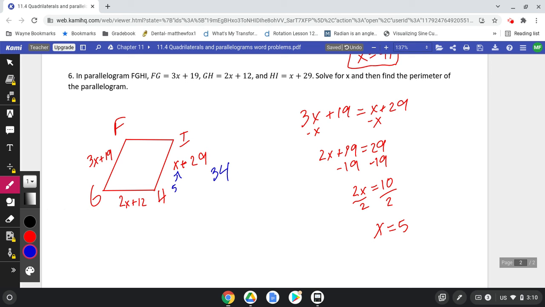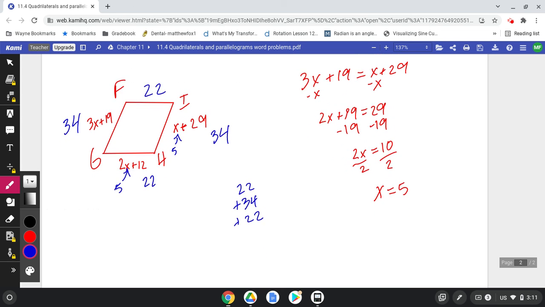Now FG or GF will also be 34. Meanwhile, on the bottom, if we put a 5 there, 2 times 5, 10 plus 12, that'll be 22. The top FI is also 22. At this point, 22 plus 34 plus 22 plus 34. If I add those all up, I will get my answer for what the perimeter is.